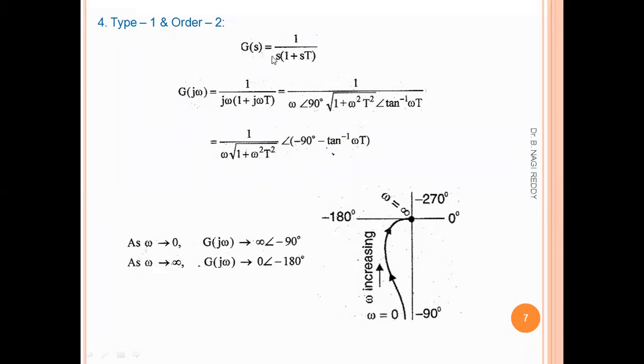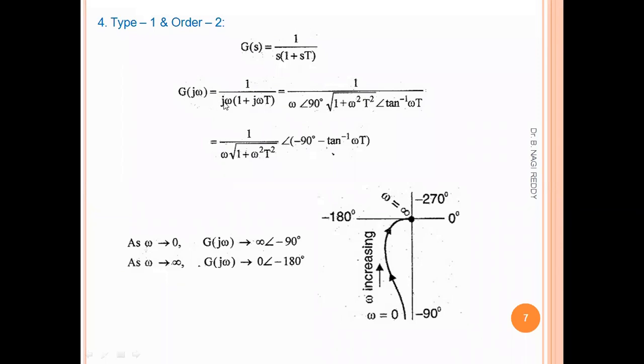Same process, convert this s domain into frequency domain and get the angles. See here, only s term is there. Only s term means we will have only the j omega term. J omega term means we will get 90 degrees as the angle. So omega at an angle of 90, because there is no real term here.